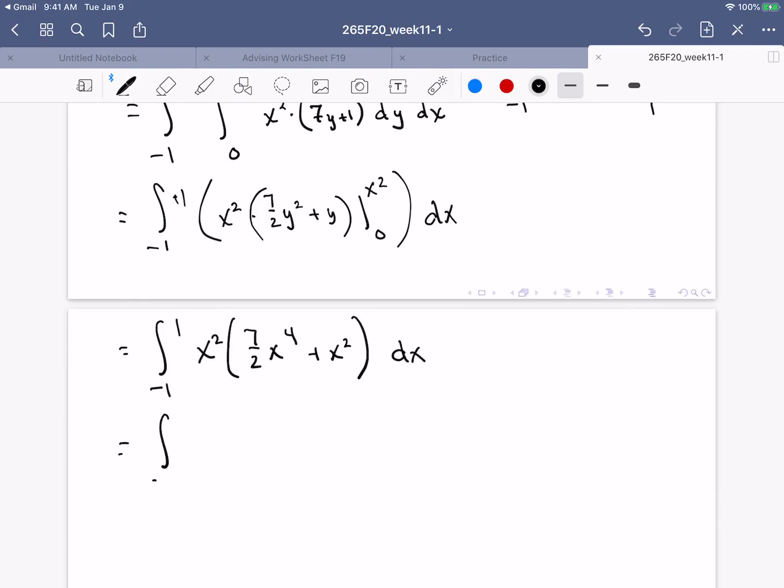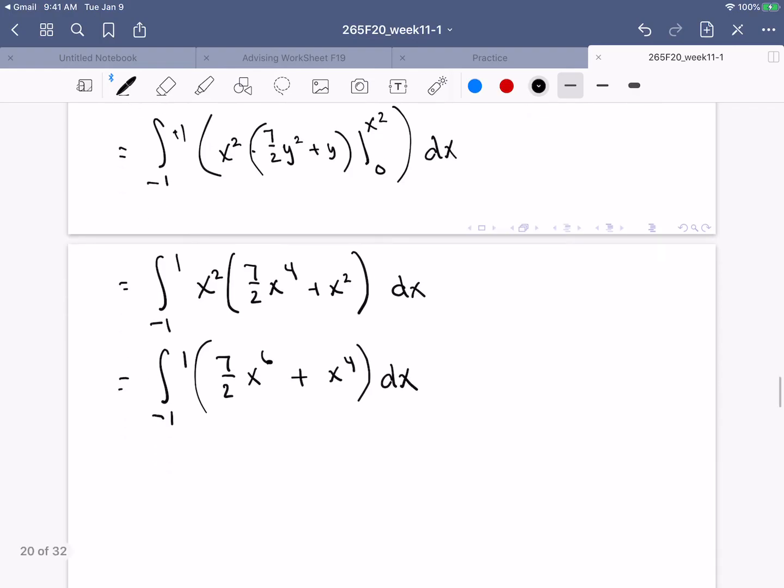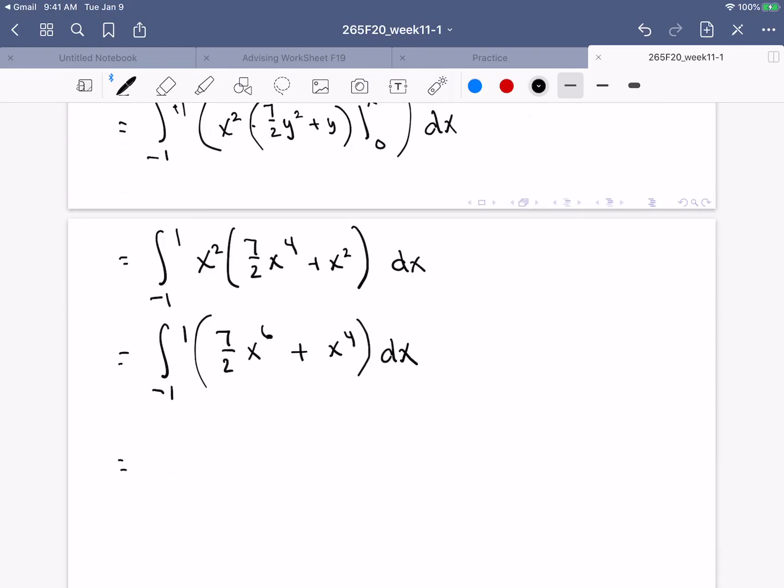And further clean up, this is going to be 7 halves x to the 6th plus x to the 4th, which gets integrated to be 7 halves times x to the 7th over 7 plus x to the 5th over 5, evaluated from -1 to 1.